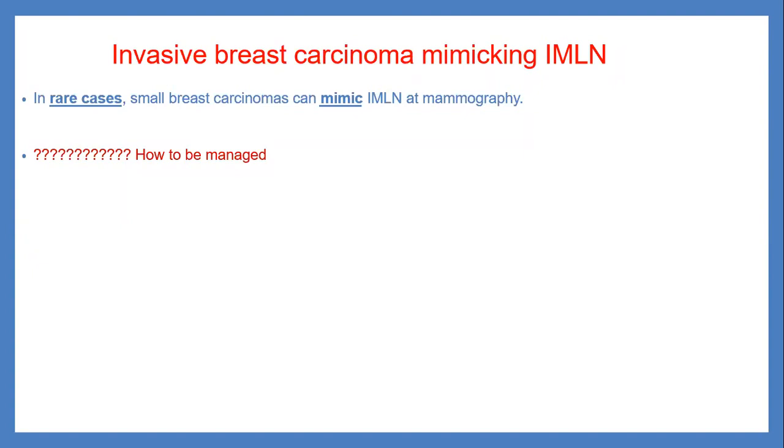Okay, then you can do spot magnification to see the surrounding breast parenchyma, to spread it away and see the margin of the lesion, if distinct or indistinct. Okay, and you can follow and target it by ultrasound. Okay, and if still not clear, then you can follow up the patient.